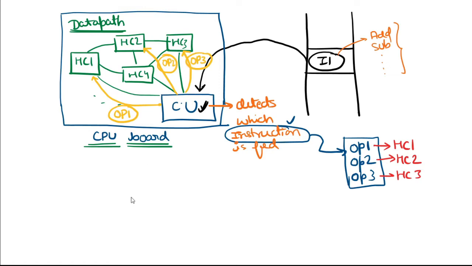These are the signals that the control unit sends to hardware components, and after getting these signals, the hardware component does the operation that is told to it.